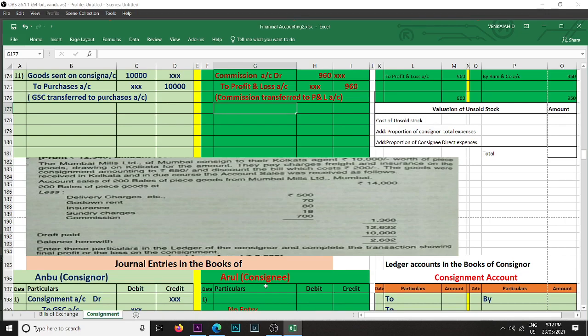Right. Second problem. The Mumbai Mills Limited of Mumbai consigned to their Kolkata agent 10,000 rupees worth of goods. So Mumbai Mills is the consignor. Kolkata agent is the consignee.